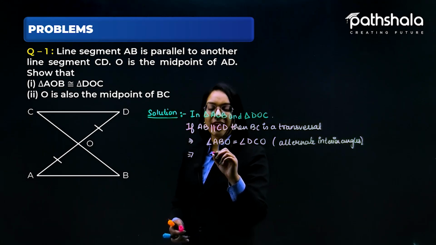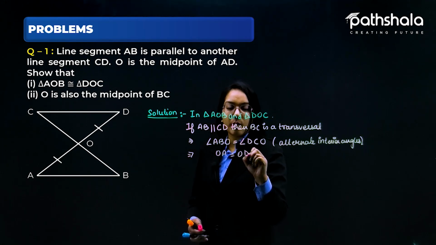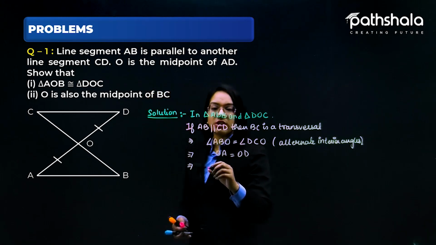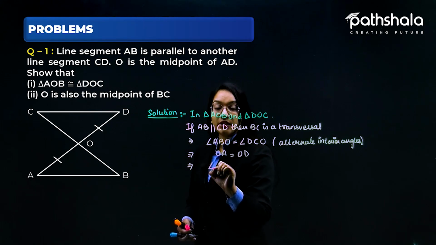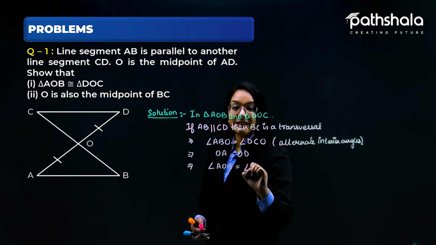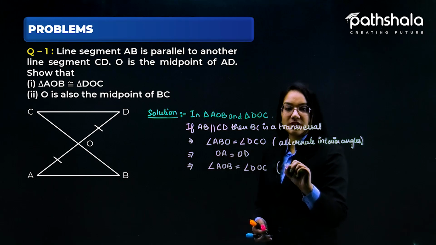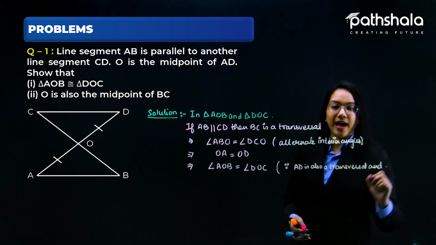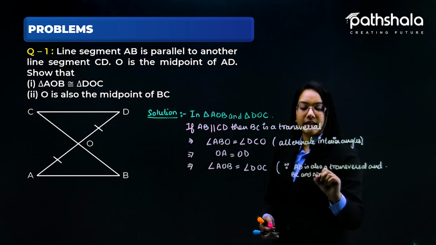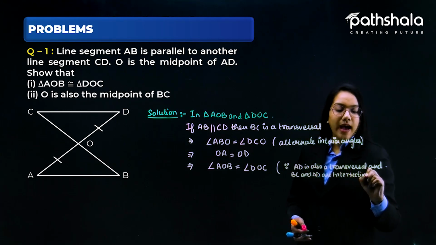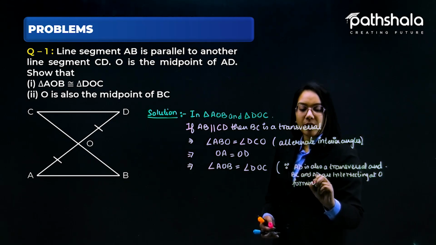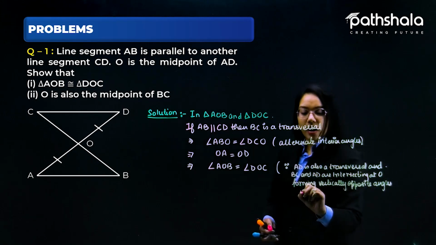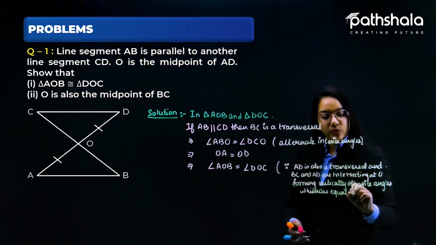Moreover, we know that OA is equal to OD. Furthermore, since AD is also a transversal, the angle AOB is equal to the angle DOC, since BC and AD are intersecting at O, forming vertically opposite angles, which are equal to each other.